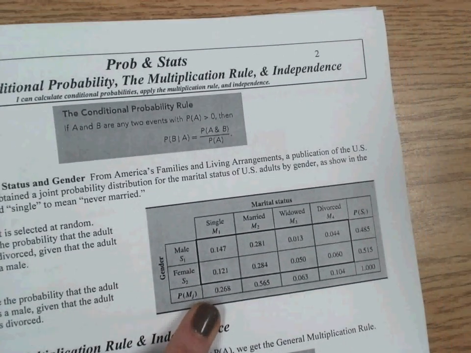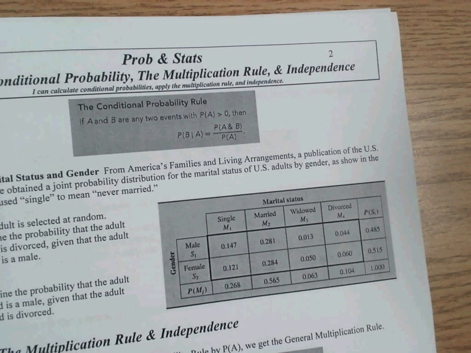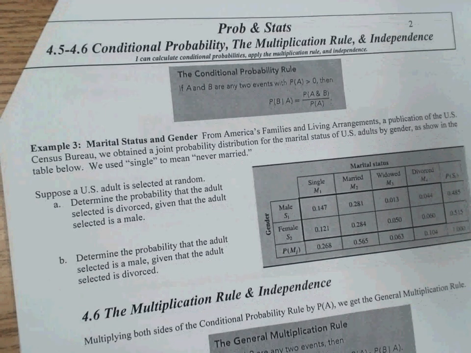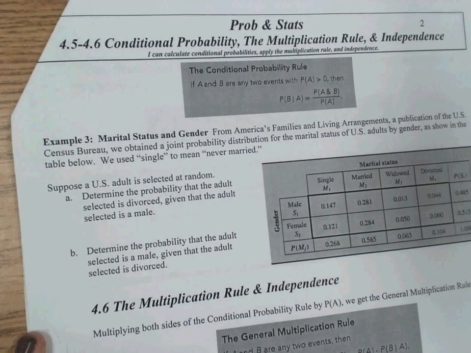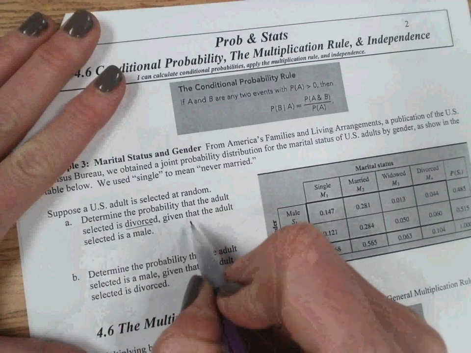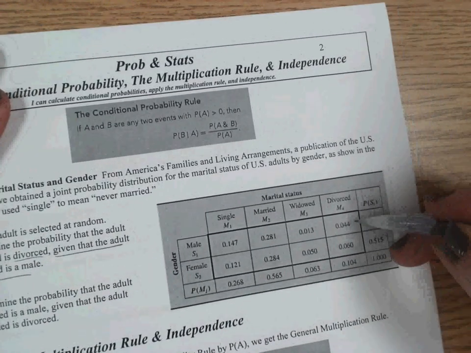There's a joint probability distribution, or what we also call a contingency table, for the marital status of U.S. adults by gender. As shown in the table below, we used single to mean never married. Suppose a U.S. adult is selected at random. Determine the probability that the adult selected is divorced given they are male.